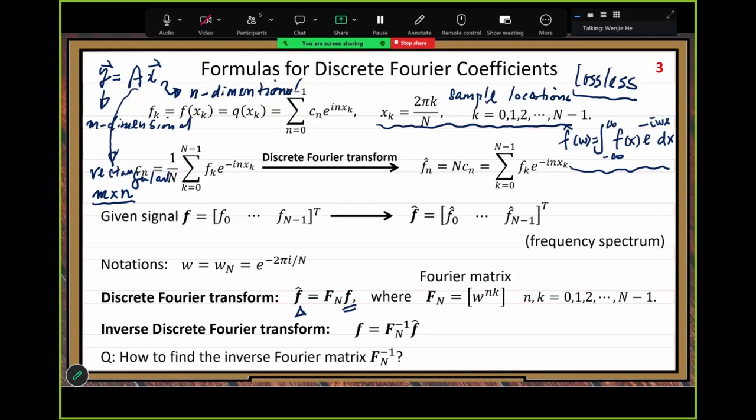So here, the good thing is we have a square matrix, from a capital N-dimensional linear space to another capital N-dimensional linear space. I just mentioned that our capital F matrix must be invertible. Now, think about if capital F is not invertible, what would happen?